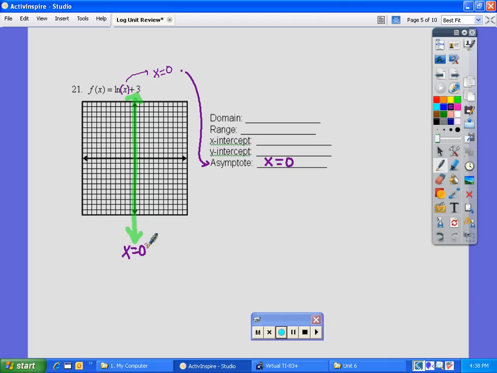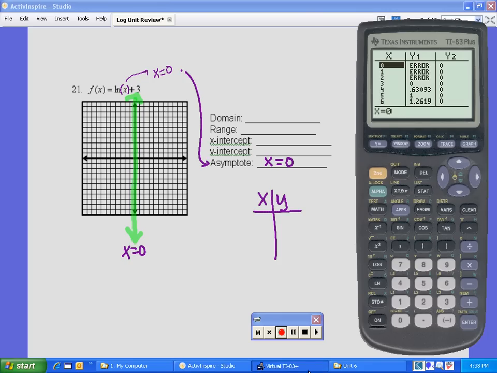Alright, the next thing you want to do is get your table values. When you put this into your calculator, just put it as ln, x in the parentheses, plus 3. Press graph so you can see what the graph looks like. Then you're going to go to your second graph and look at your table. We don't have too many numbers here that have no decimals.